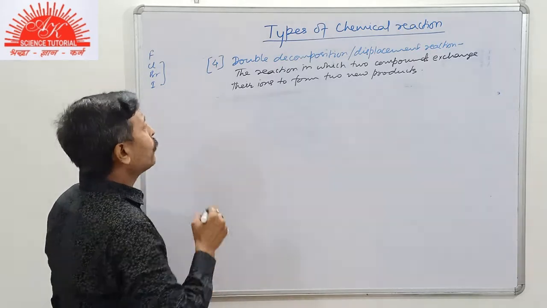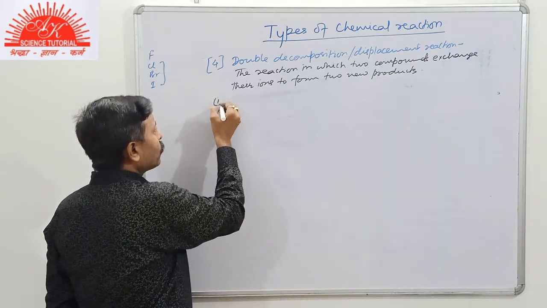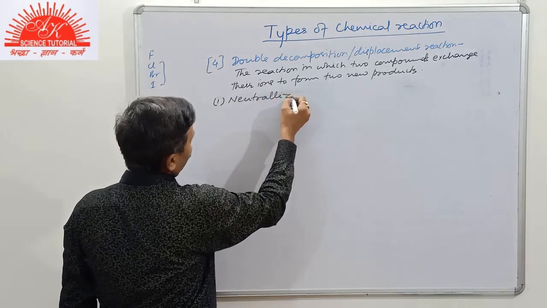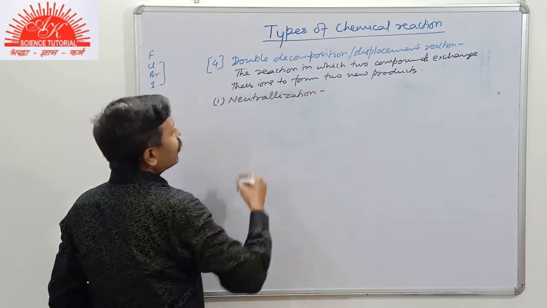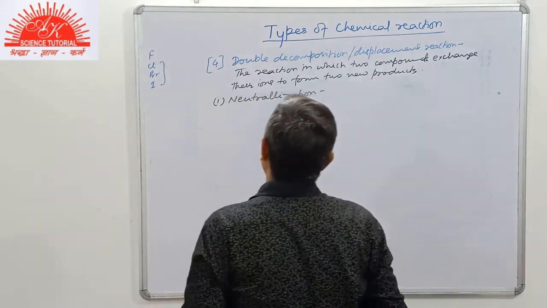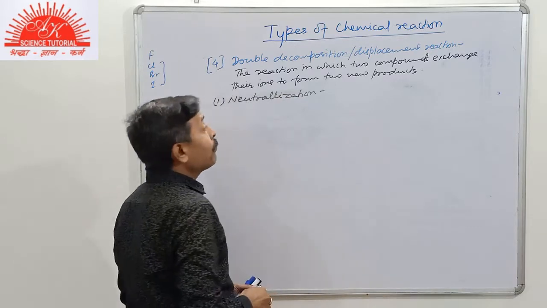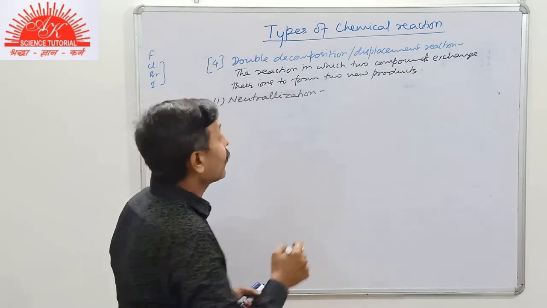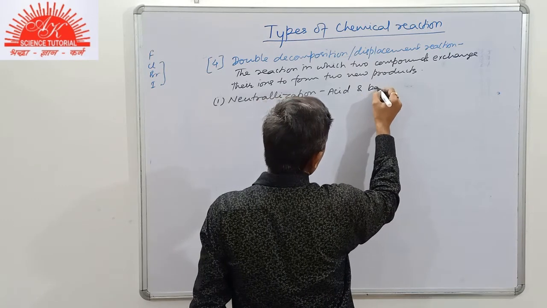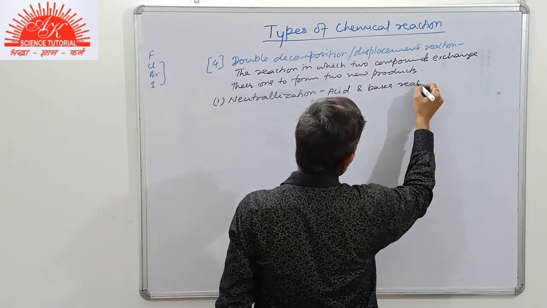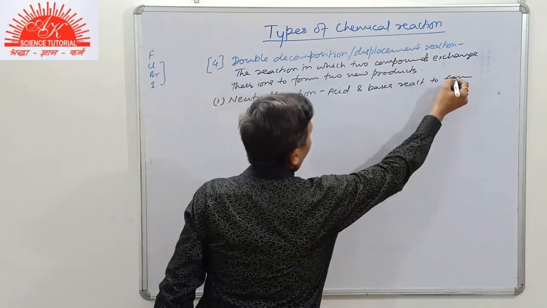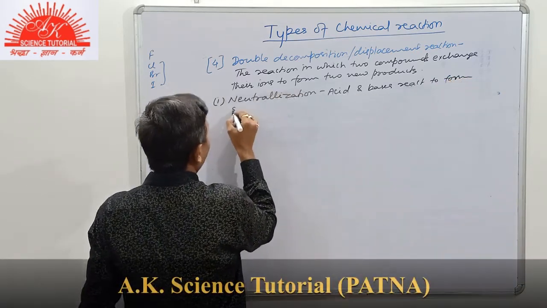Now, the double decomposition reaction may be of two types. First, neutralization. As we know, neutralization is the reaction in which acid and bases react to form salt and water.